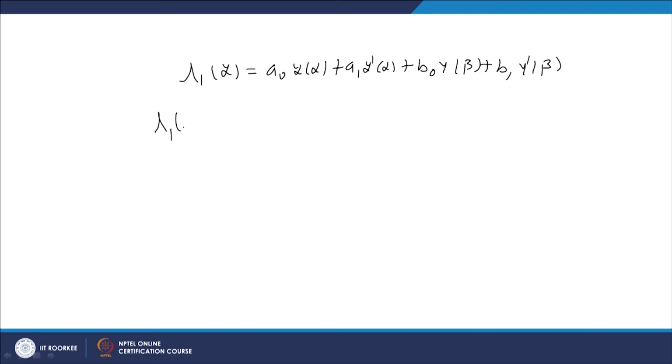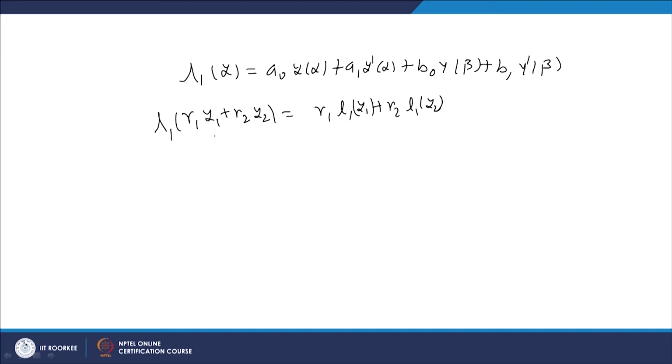For that, let us use R1 and R2 as constants. Take R1 y1 plus R2 y2, and we want to check whether L1 of it is R1 L1 of y1 plus R2 L1 of y2. If it is, then L1 is linear in terms of y, and you can easily check that it satisfies this.